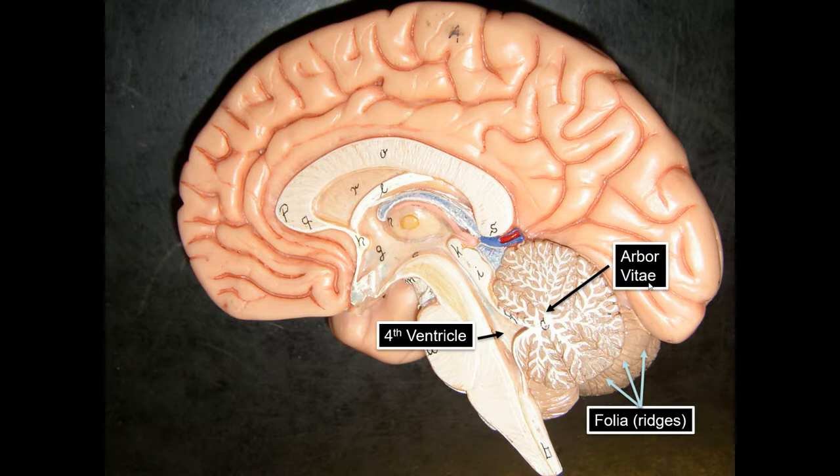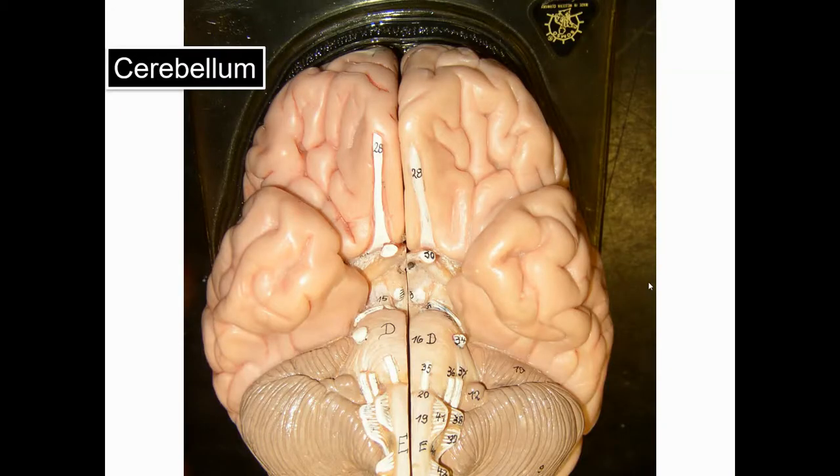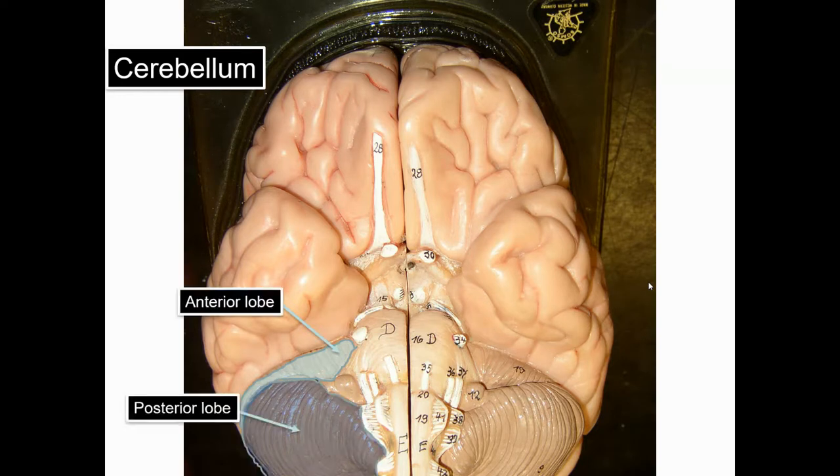We can also see the fourth ventricle here. Remember the cerebellum, not only does it have hemispheres, it has lobes. Each side has 3 lobes. There's an anterior lobe, a posterior lobe, and one in the middle called the flocculonodular lobe.